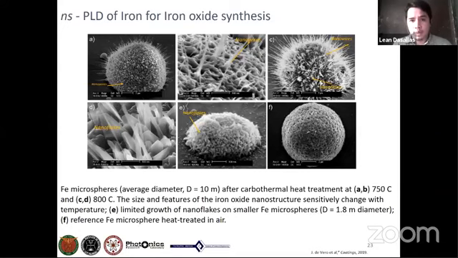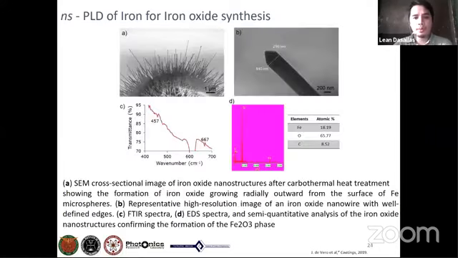Aside from the nanowires, we can see some nanopores and these nanoflakes. Now, these are some side views of the microsphere just to check the length of the nanowire produced, and the FTIR and the EDS confirm the presence of the iron oxide on top of the iron microsphere.